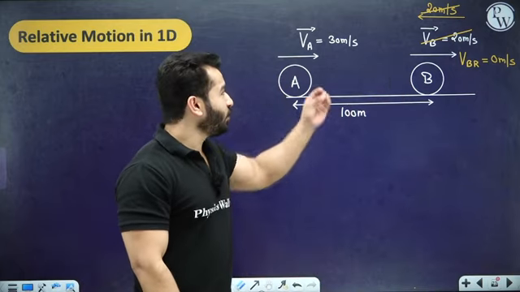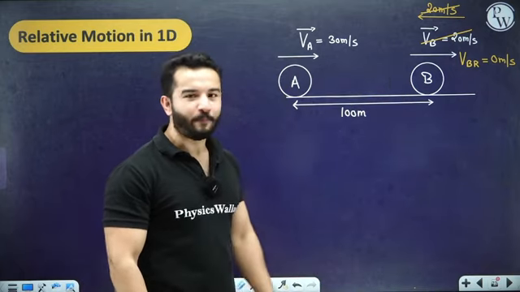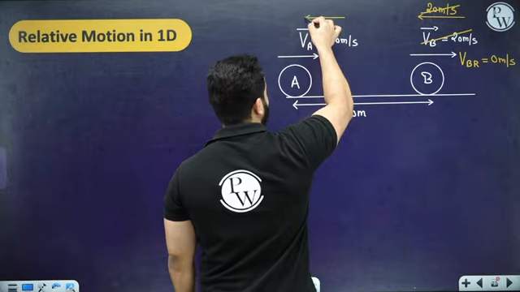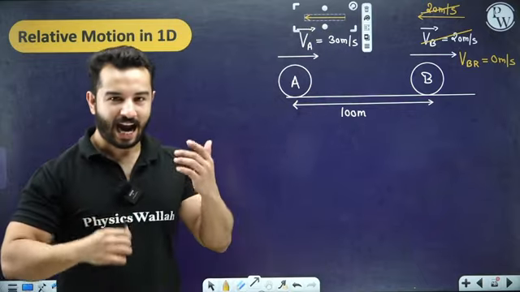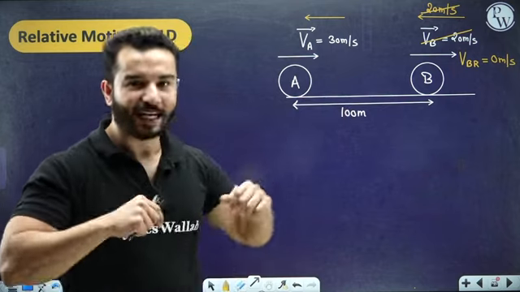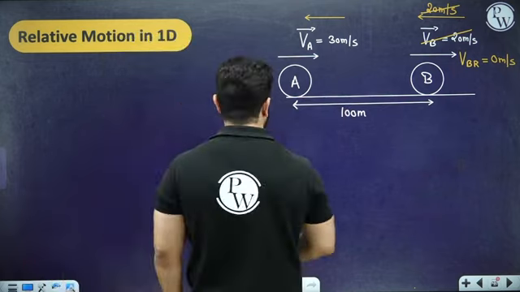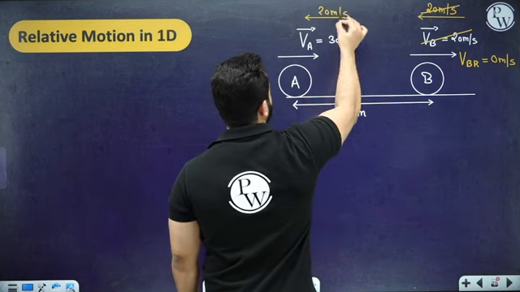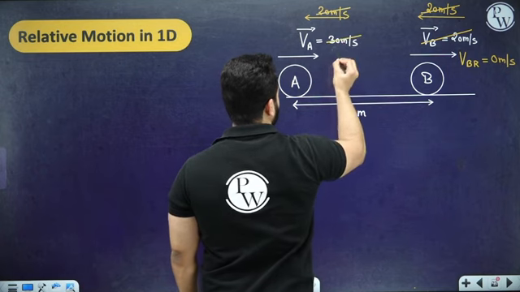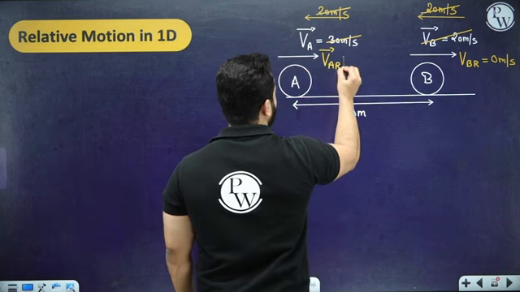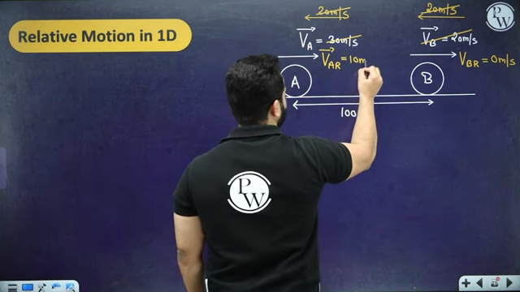Obviously, I can't do this for only B. So I'm going to do the same thing with A as well, because I'm changing this in my relative world. So this is also 20 meter per second. I'm going to add the same thing over here. So it will cancel partly, but now VAR will become 10 meter per second.